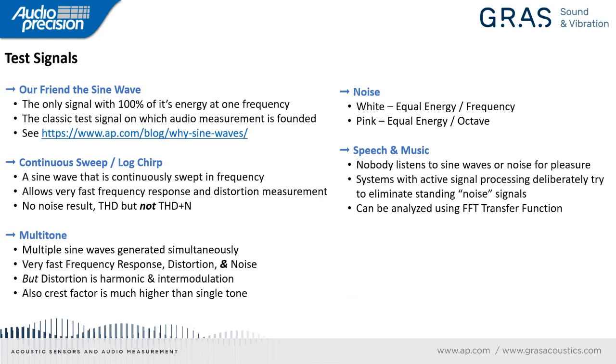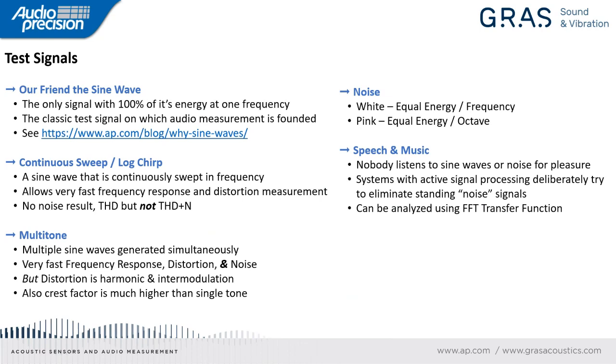Pluses: it allows a very, very fast characterization of a device under test. You can extract the frequency response and distortion of a device in potentially less than a second. One disadvantage is the mathematical technique that's involved does not give you a noise result. So you get the distortion of a device, you do not get its distortion and noise.